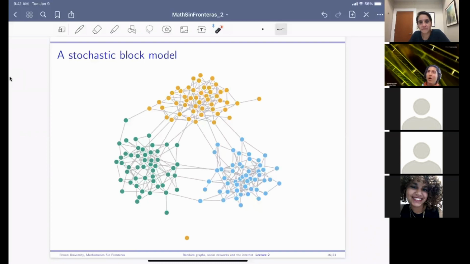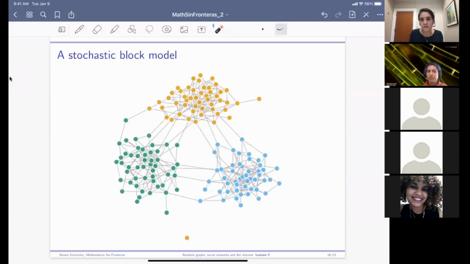So each vertex will be connected to 5 others of the same community, but probably less than 1 of the others. And they all have the same average degree in this particular one. As I said, you can make them different as well if that's something you want to model. So this is a typical picture of a stochastic block model.